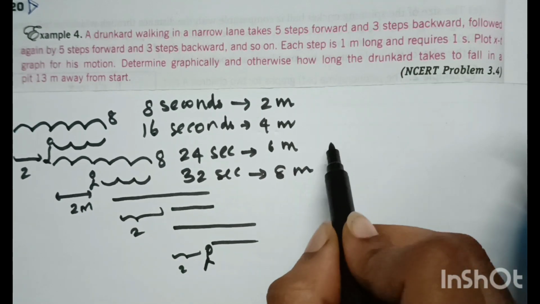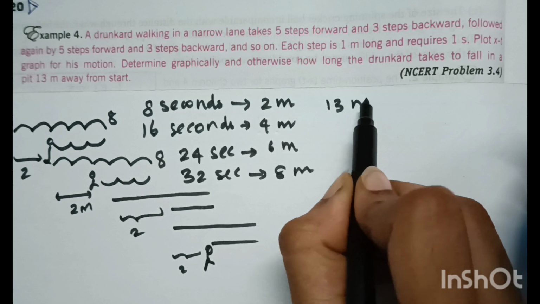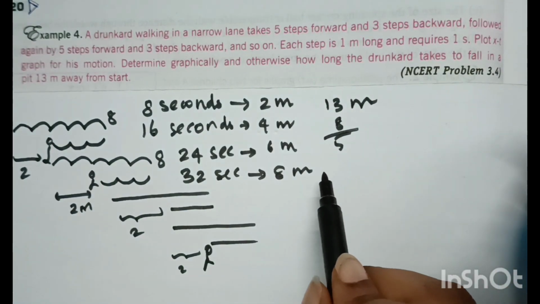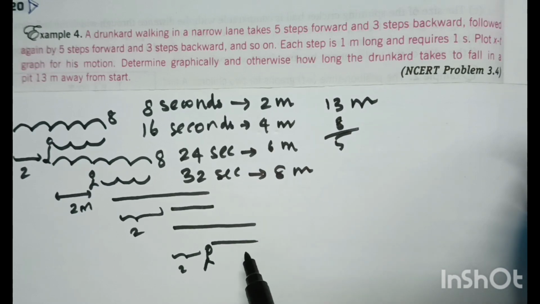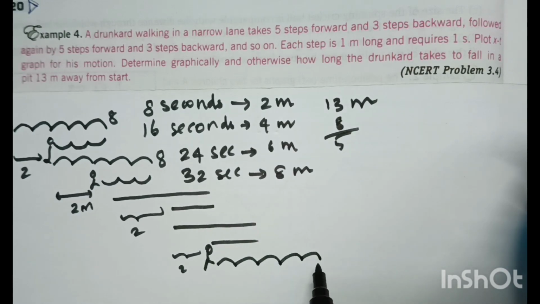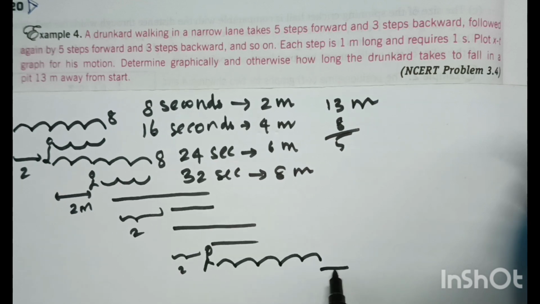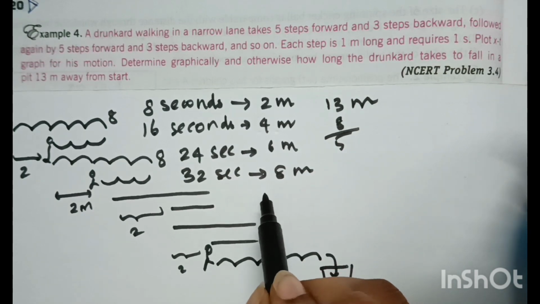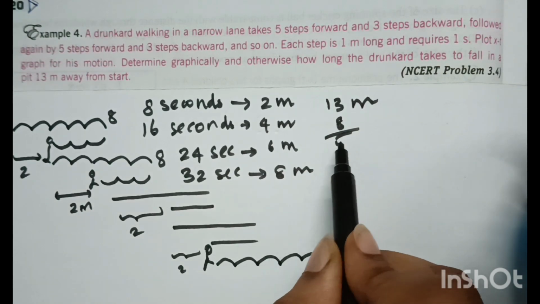Now we have already covered 8 meters. The pit is 13 meters away, 13 minus 8 is 5. So now he has to take only 5 steps to fall in the pit. So he will go 1, 2, 3, 4, 5. He won't be coming back because here is the pit. So he will fall into the pit. He took only 5 extra steps.